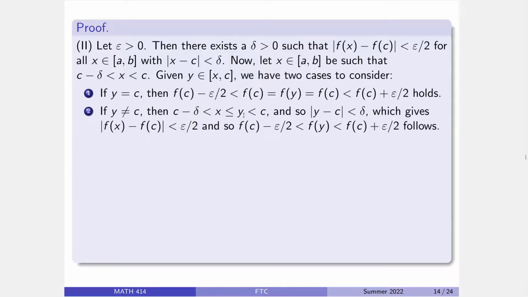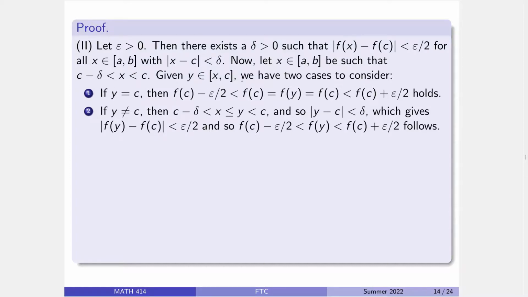Since y is strictly less than c, y is within delta of c, so that should be an f of y right there, not an f of x. That means f of y minus f of c is strictly less than epsilon over 2, so this is bounded above by epsilon over 2 and below by negative epsilon over 2, and then you just add f of c across the board, and that gives us this inequality.